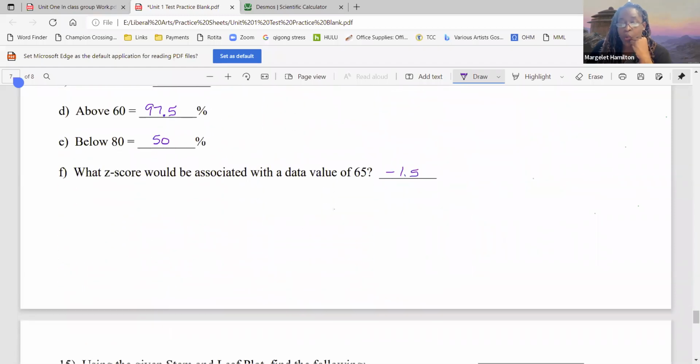Now I know what you're thinking. What if they just asked you that question without giving you a graph? You have an option. You could draw the graph and see if you can see it, but we do have a z-score formula. Does anybody know what the formula is? Let me help you. Z equals.